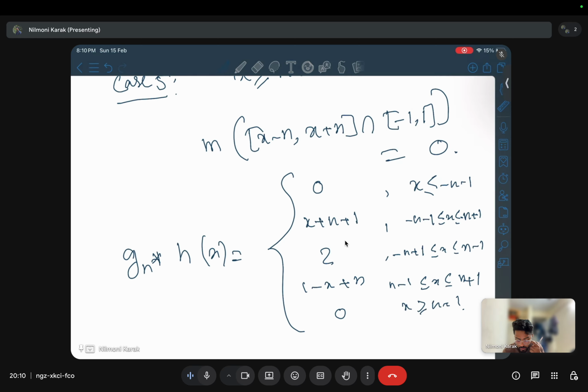Okay, this is gn star h, but this is the Fourier transform of a function fn.